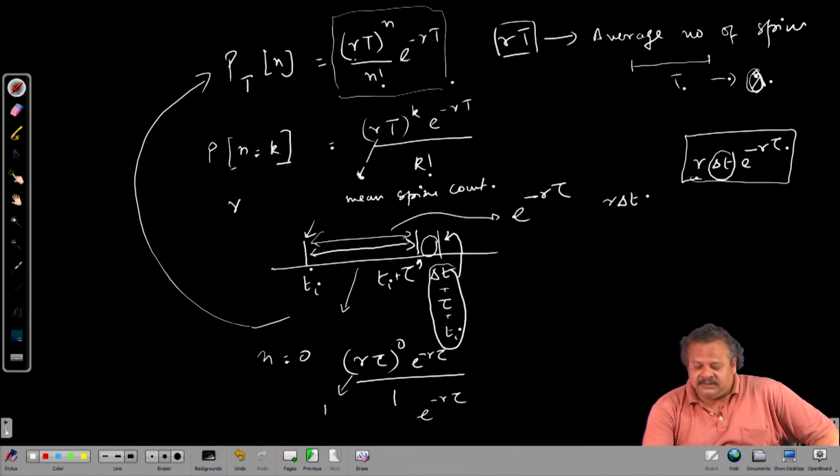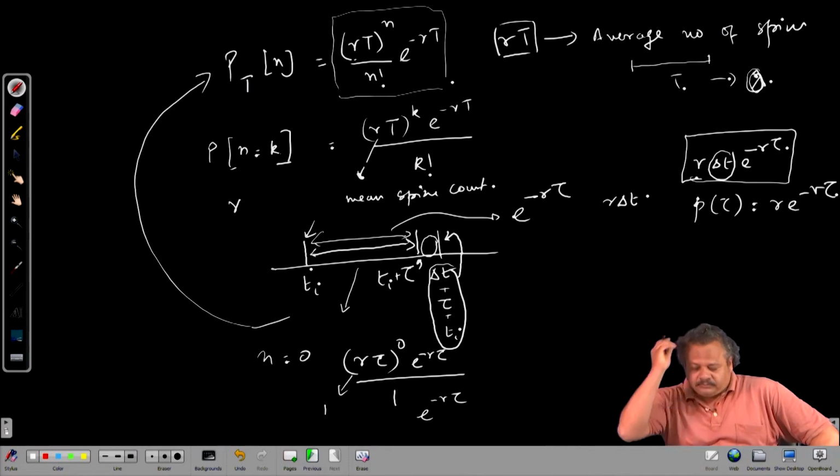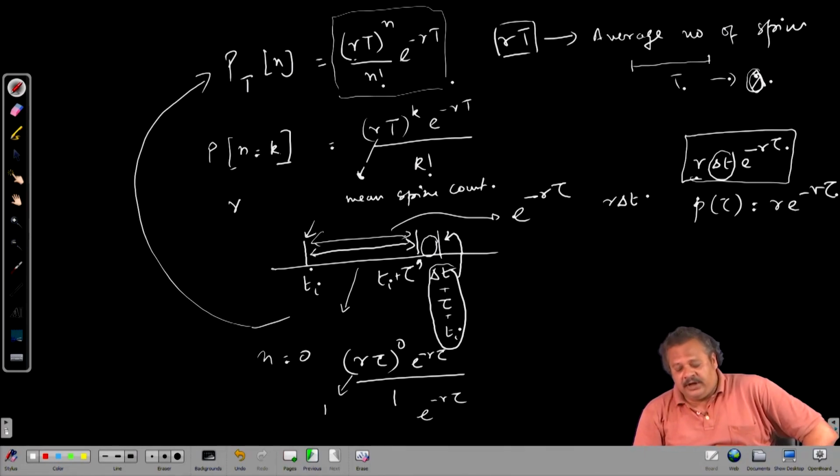Then the density, the probability of a tau interspike interval, turns out to be r e to the power minus r tau, and that is an exponential distribution.